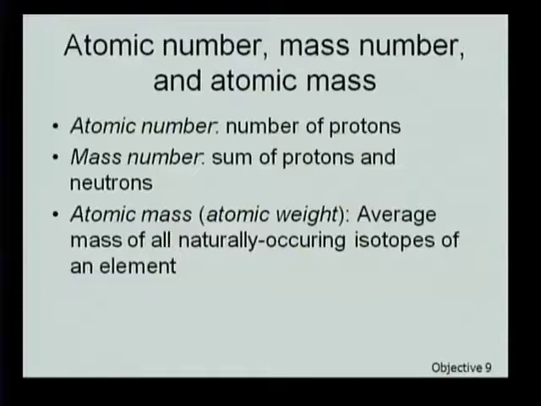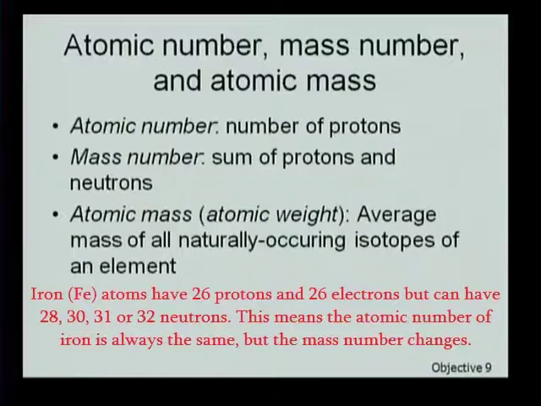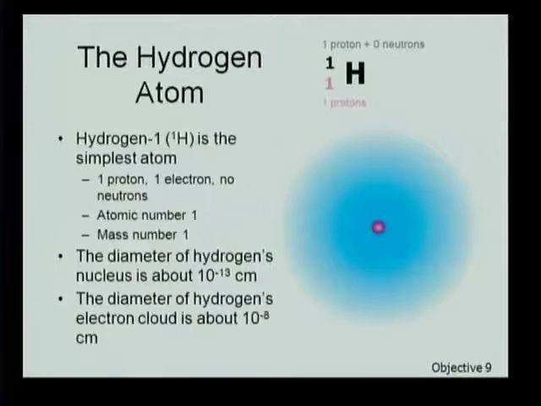But atoms of a particular element, like an iron atom, can occur in a lot of different forms that have the same number of protons and the same number of electrons, but different numbers of neutrons. And we call those different numbers of neutrons isotopes. And those different isotopes have different masses because of the different number of neutrons. So when we average all those out, we get the atomic mass that we see in the periodic table.